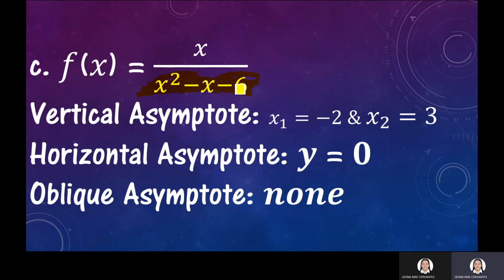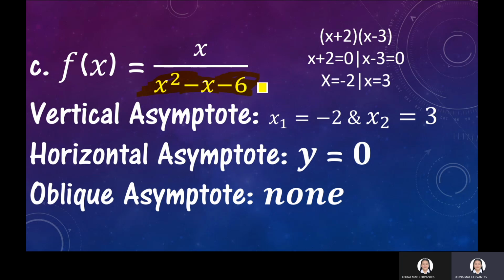So, factor muna natin si denominator. Pag finactor natin si x squared minus x minus 6, makukuha natin yung x plus 2 times x minus 3.